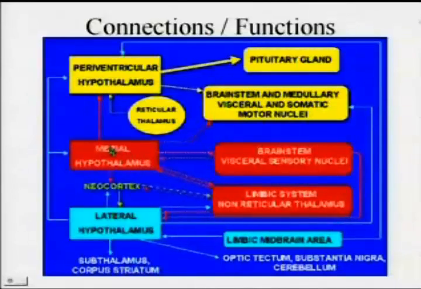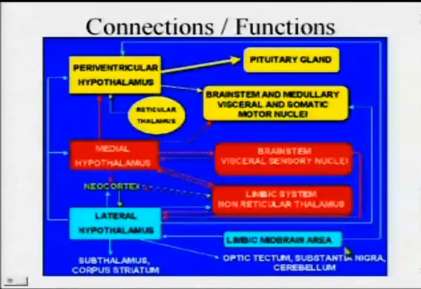Reciprocal connectivity between the medial hypothalamus and the limbic system and the non-reticular thalamus. Also, obviously, that portion of the thalamus has a lot of interconnectivity with the neocortex. Let's see what else we got here. Lateral hypothalamus also to the brainstem, medullary, visceral, and somatic motor nuclei.